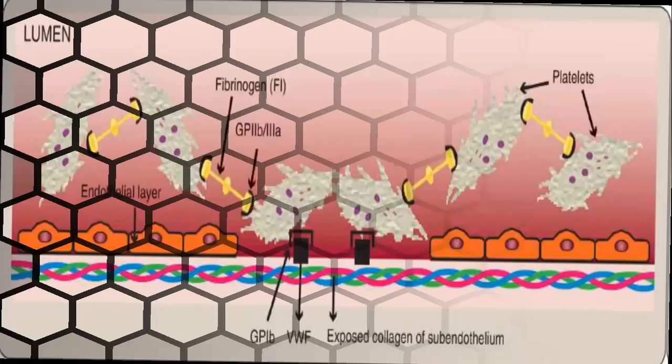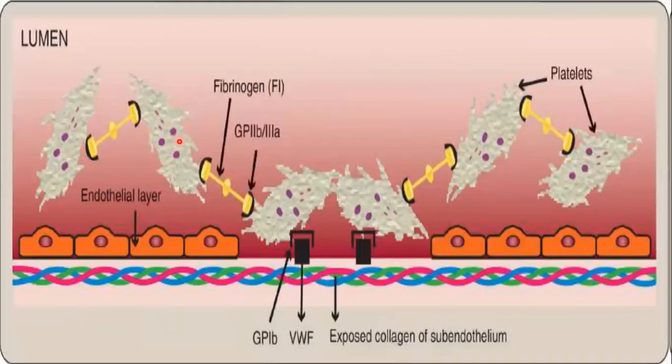So here you can see these are your activated platelets. You can see they are cross-linked by a fibrinogen here. Okay. Then the activated platelets, remember, will release your factors. First of all, there will be thrombin. Thrombin will convert this fibrinogen to fibrin.